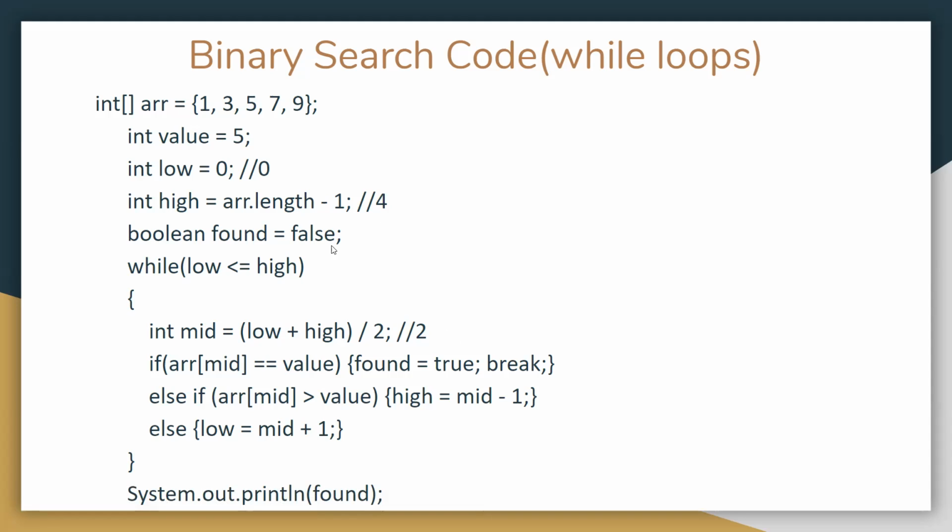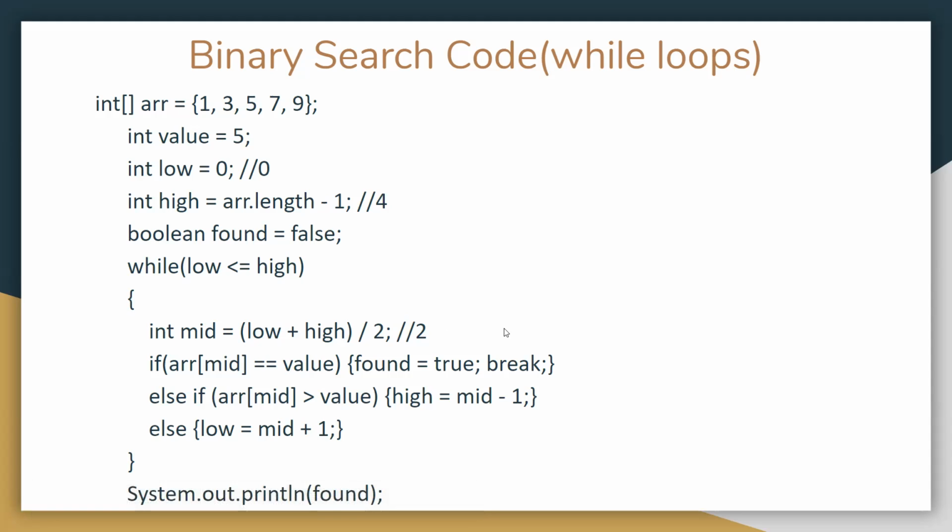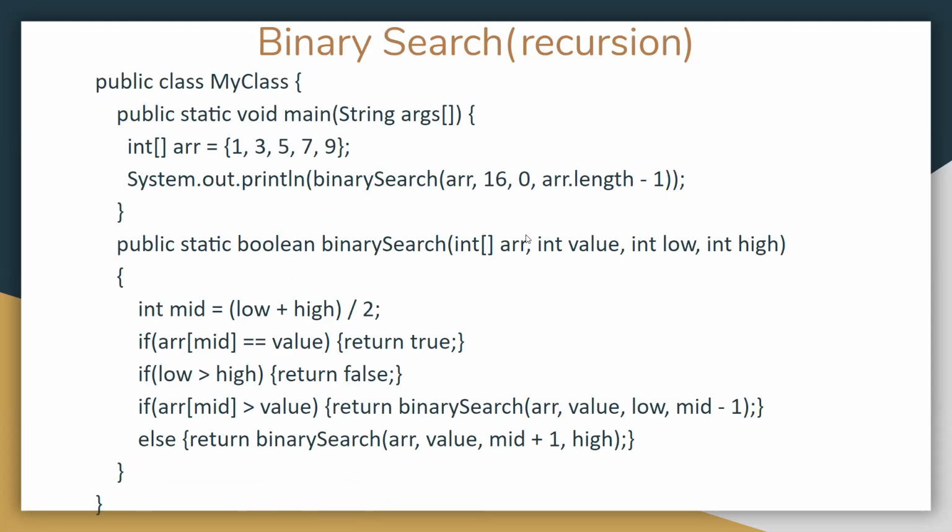And that's how you do it for while loops, at least. All right. But yeah, ignore the weird spacing as well, since I copied and pasted from the code, so it was a little bit off. But anyways, binary search, the code, recursion.